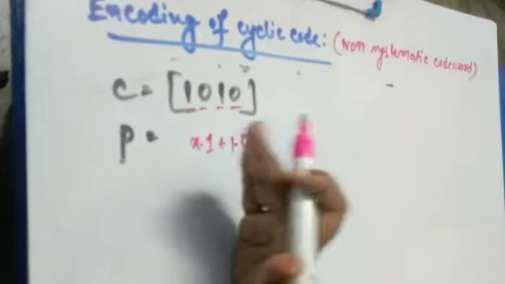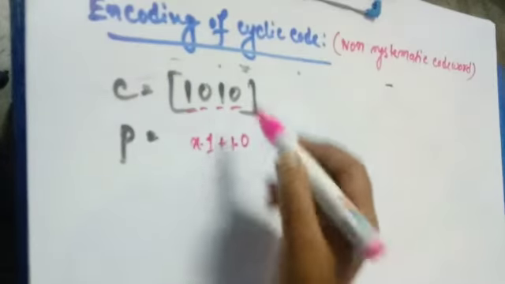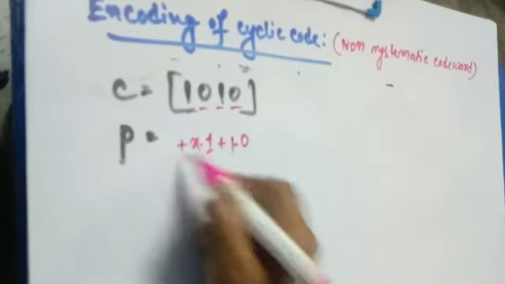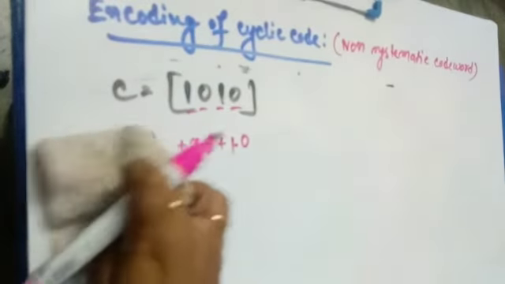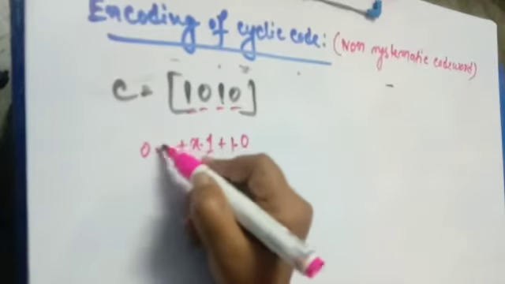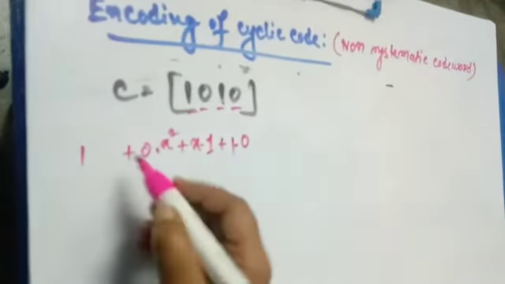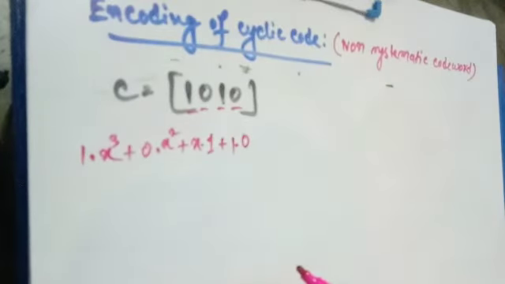Then the second bit from the right is multiplied with x. Similarly, in the third case, again 0 is placed, and it is multiplied with x square. Again, the fourth bit is 1, and it is multiplied with x to the power 3.